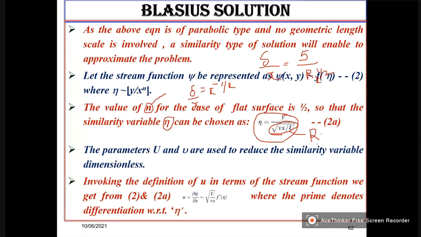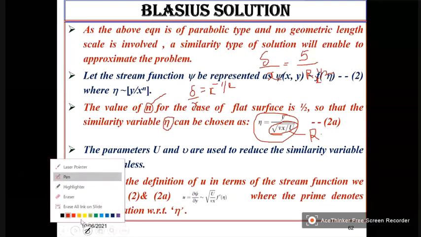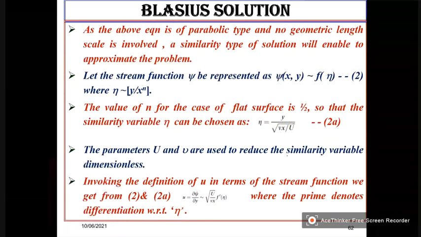So eta is equal to y by... So what we have normally considered earlier while writing the displacement thickness, etc., eta we have considered as y by delta.